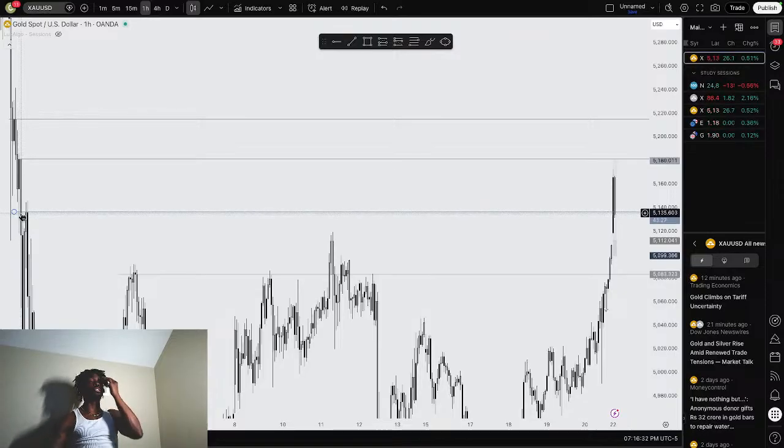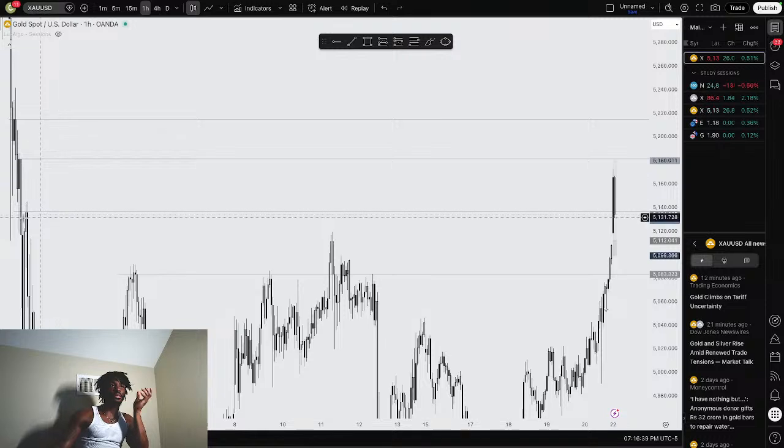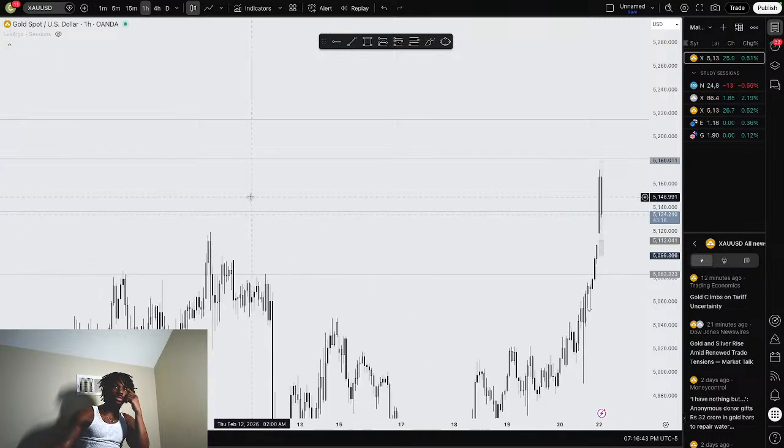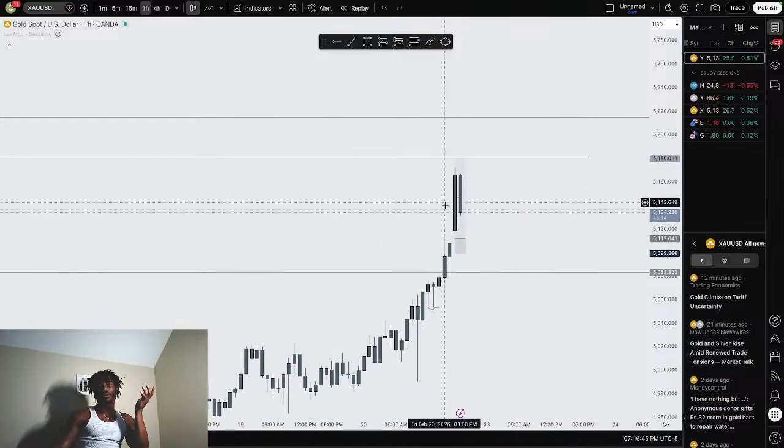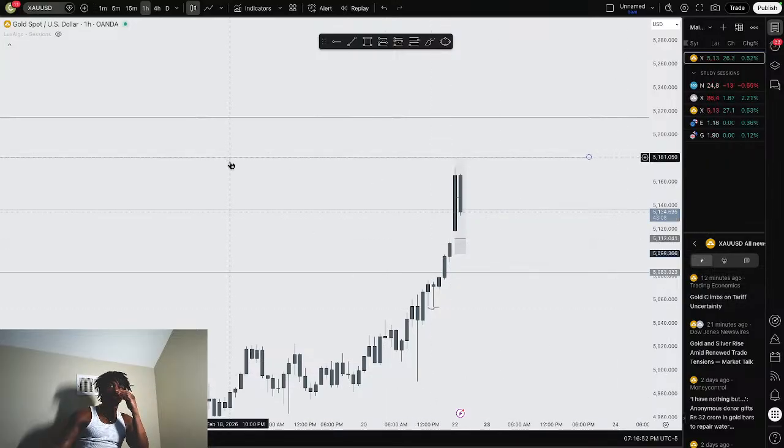If I had assumed, emotion-wise, that price was going to reject this area, it would have been foolish. I could have missed out on so many setups right here at 6 in the morning on Friday, January 30th. When the market opened here at 6 in the morning, it was irrelevant. It didn't respect it, especially with what happened with the tariffs.